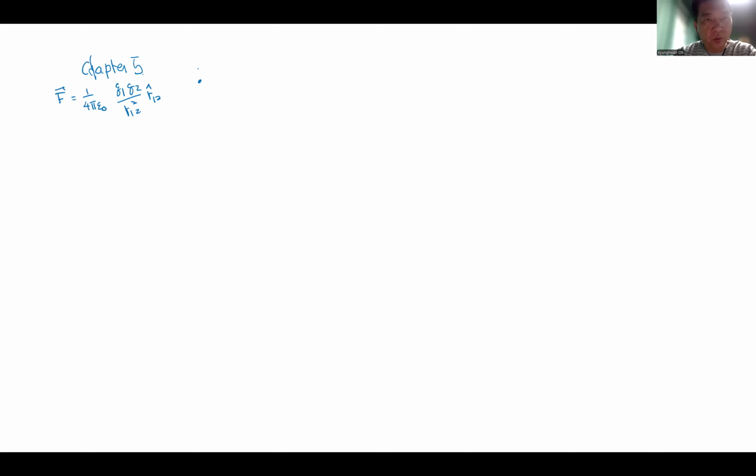If you have Q1 here and Q2 there, this is the R1 vector, this is the R2 vector, and it's the R1 minus R2 vector, and its magnitude is going to be R12.